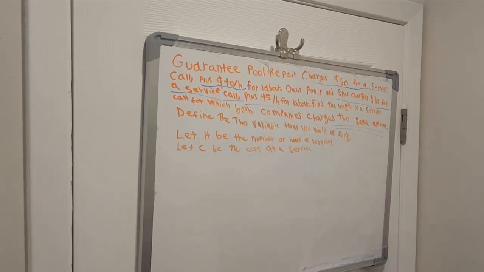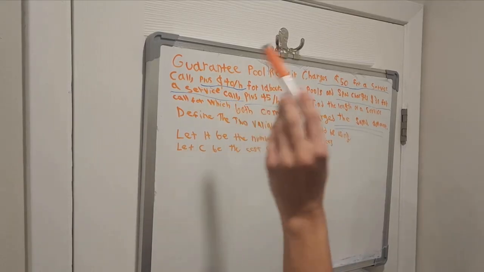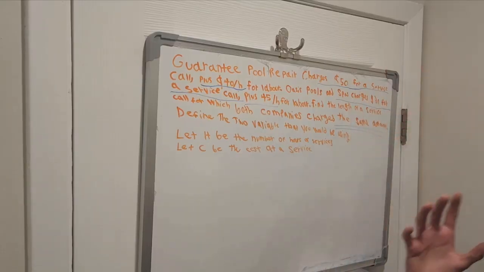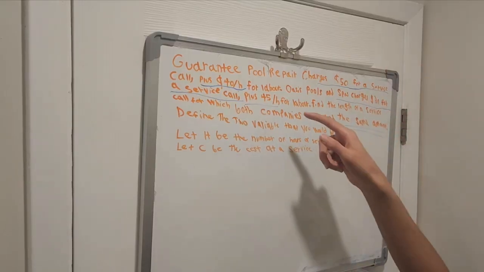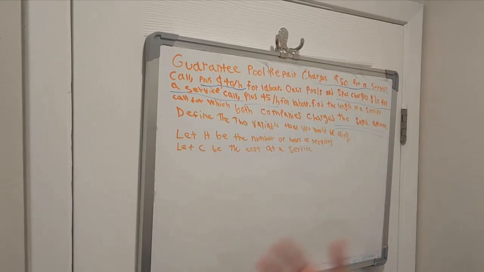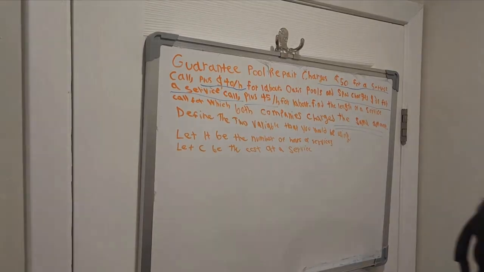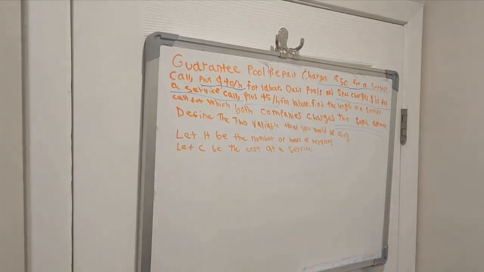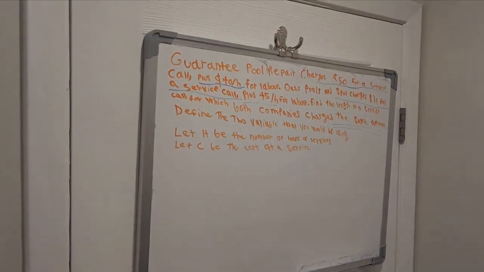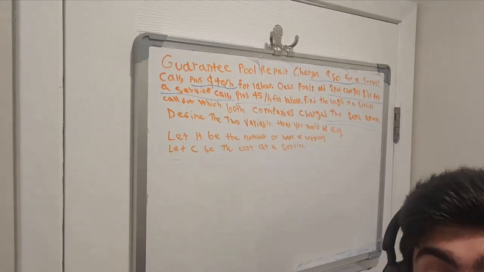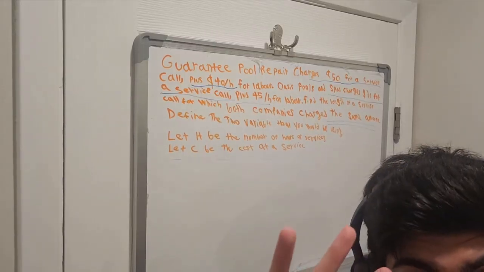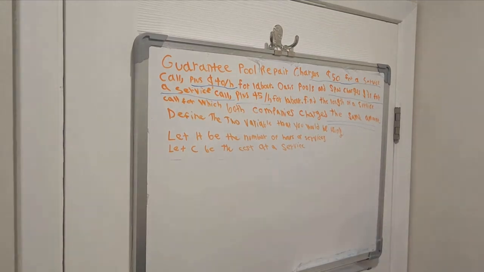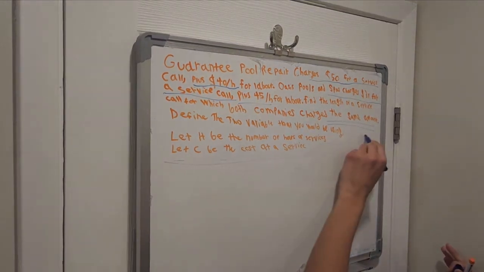And C should be the cost, because that's the cost. So $40 plus, now it's plus 45, $5 for the labor. I hope you understand. We did step 2. Let's move on to step 3.